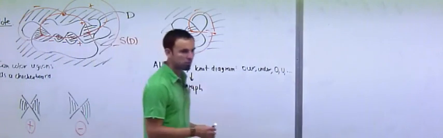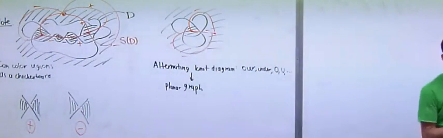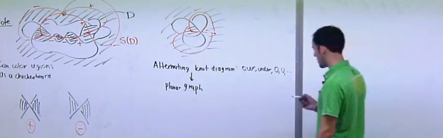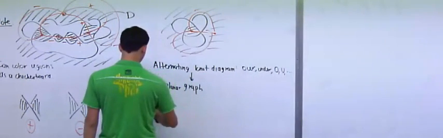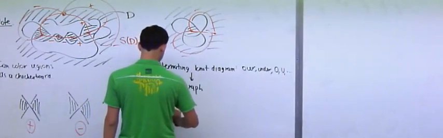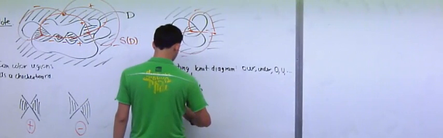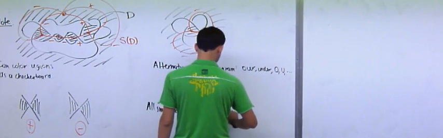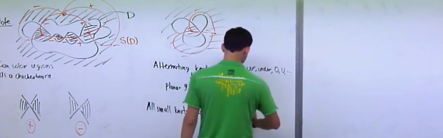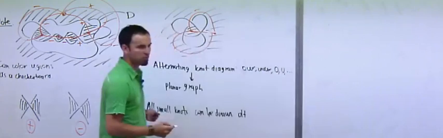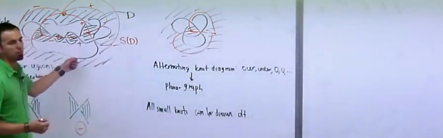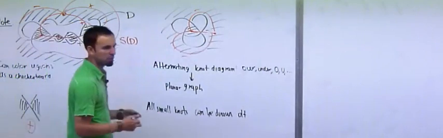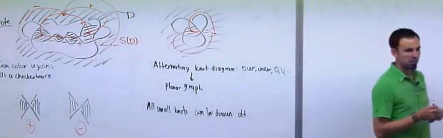Turned out not to be true, and the smallest example is big, which is why people hadn't noticed. But the point is that all the small knots can be drawn alternating. Small means at most 7 crossings. So the first one that cannot be drawn like this is a big knot that has 8 crossings.